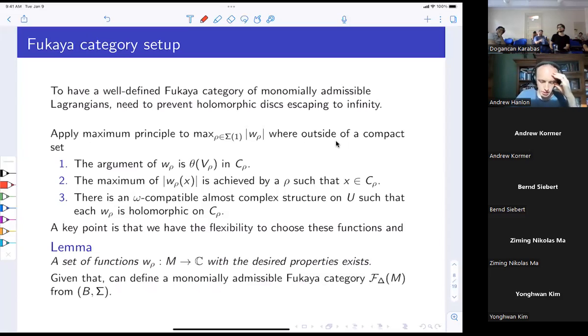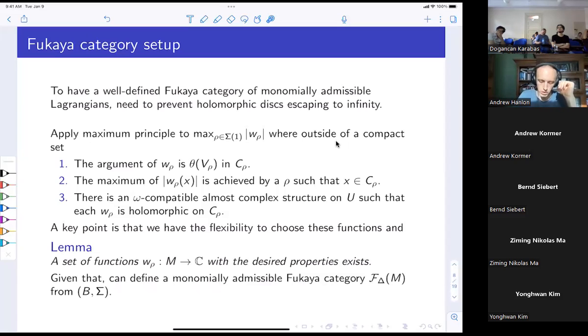Okay. So I'll say a little bit more about that on the next slide maybe, but just to try to explain what's going on here. What one can do to prevent holomorphic disks escaping from this setup is apply a maximum principle to the maximum of some functions which are locally holomorphic.